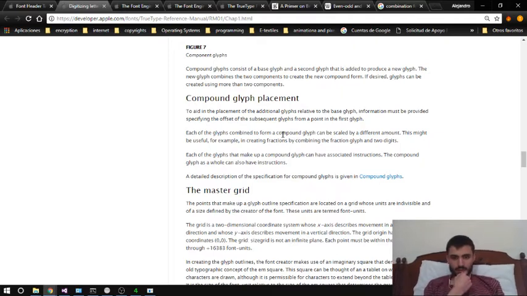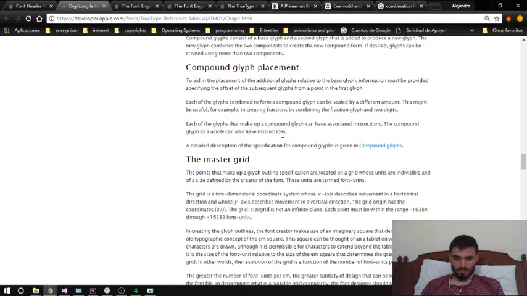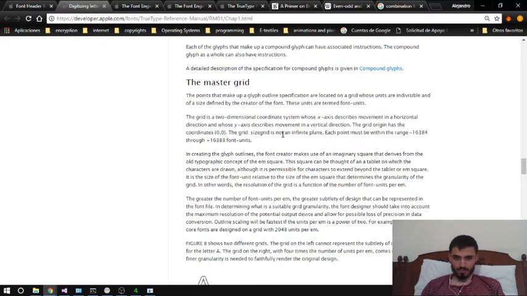Probably we are not going to do that. These units are termed font units.